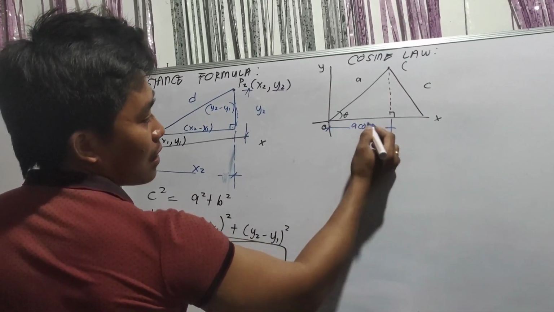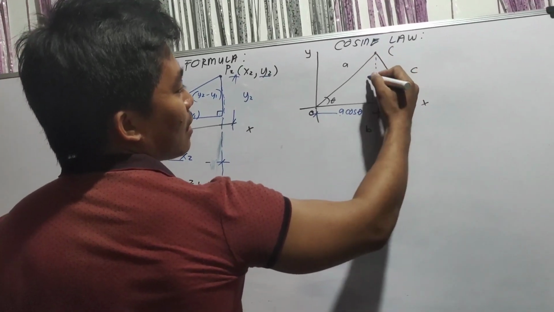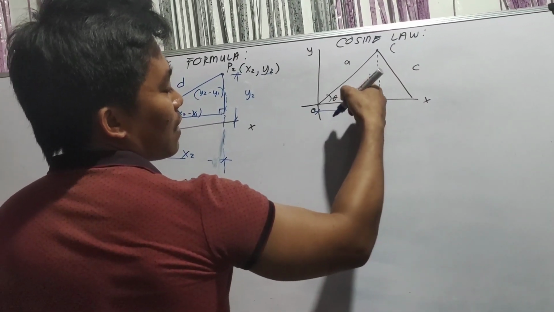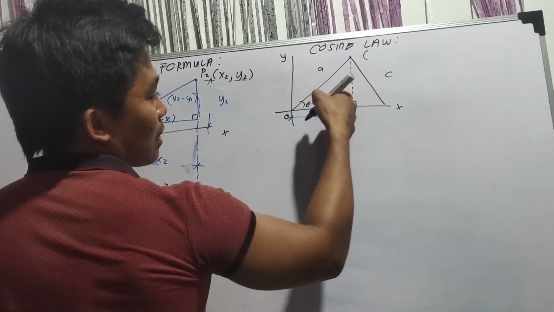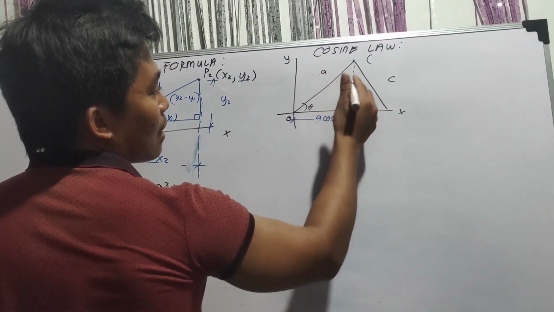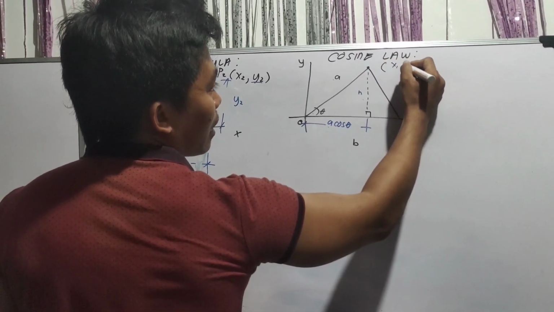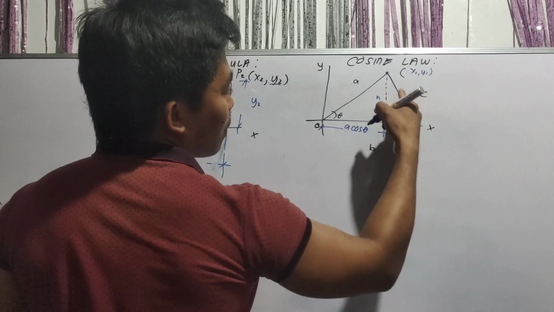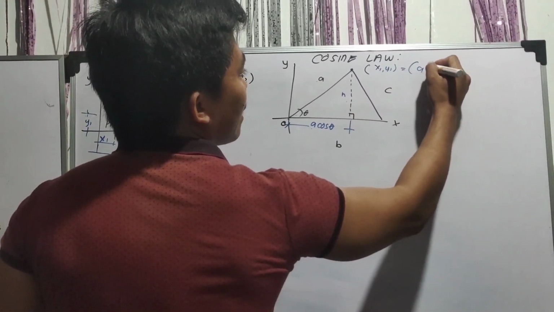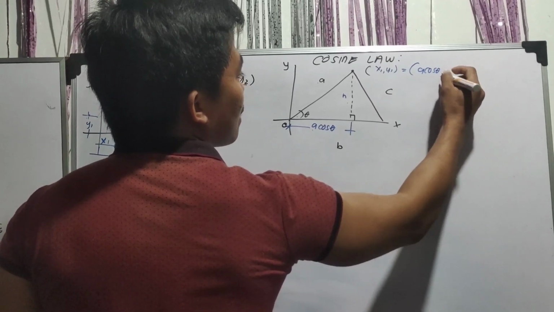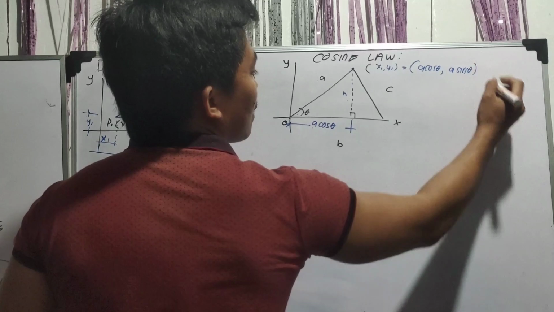So, therefore, this side is just A cosine theta. How about this vertical distance, or the height? The height is opposite over hypotenuse, and so that is just A sine theta. So, we can simply say that the coordinate of this point, x1, y1, is just A cosine theta and A sine theta.